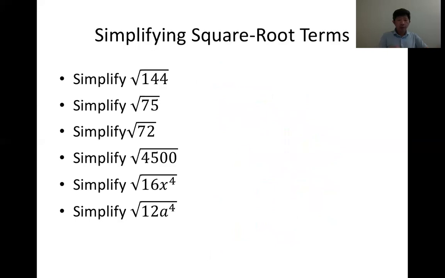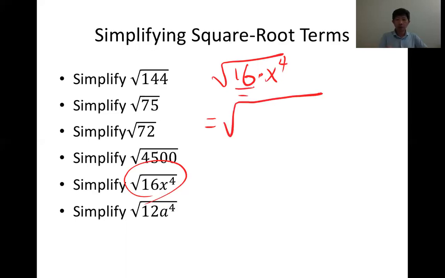Now what about the square root of 16 times x to the 4th? 16, I know, is 4 times 4, so that is 4 squared, right? Now what about x to the 4th? x to the 4th is actually x squared times x squared, right?